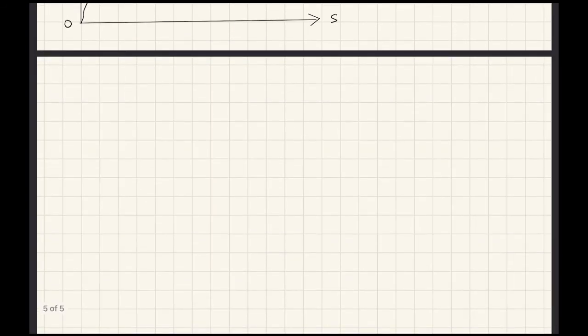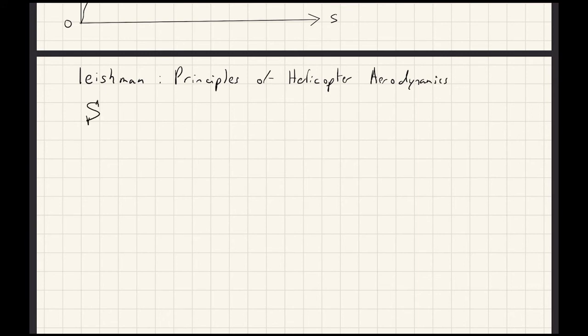And again, I do want to reiterate that everything I just went through is presented in Leishman, Principles of Helicopter Aerodynamics, section 8.10 for Wagner, and section 8.11 for Kussner.